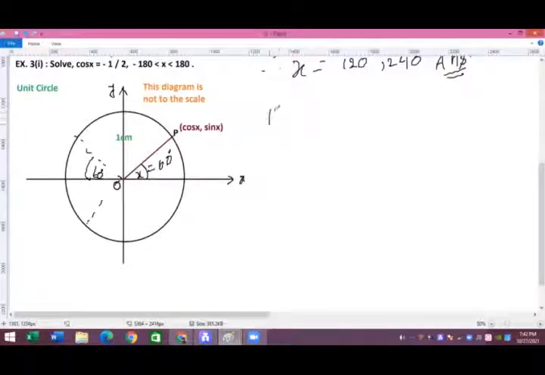So here the possible value of x will be 180 minus 60, so one value is 180 minus 60 equals 120 degrees, and this is less than plus 180 degrees, so this value will keep where cos is negative.